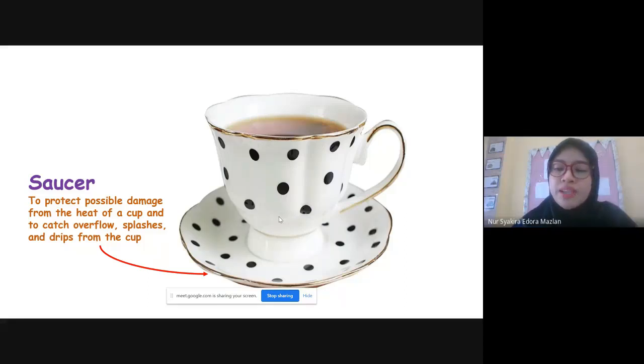The spelling should be correct here. Saucer. Saucer. Just remember, saucer is a small plate underneath your cup. The one that you hold like this. Small plate, that is what we call saucer. Okay?